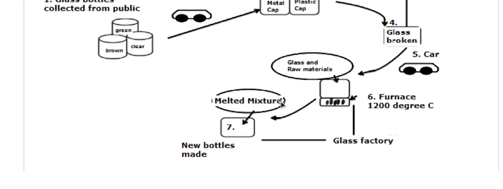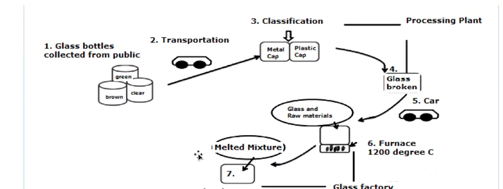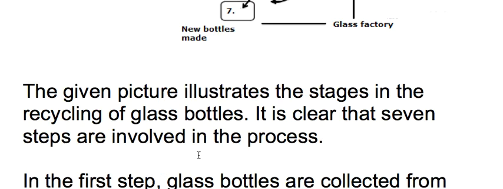And another thing which happens in the glass factory is that this melted mixture is put into molds and new bottles are made. So we have this process of the recycling of the glass bottles, and note the use of the passive voice. So this is all about the vocabulary of the processes.